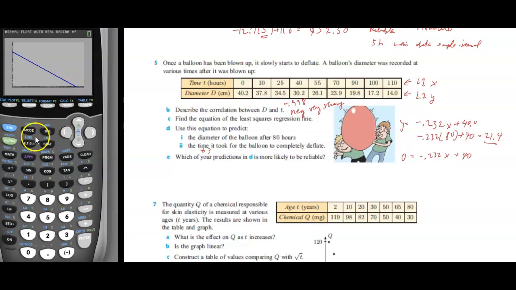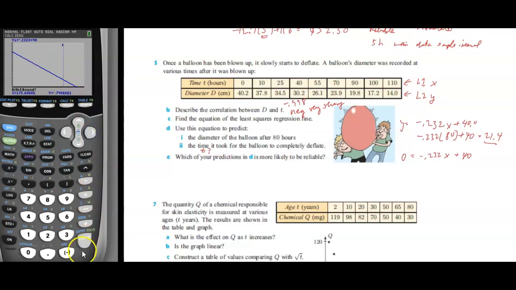Then we're going to find the x-intercept. It can be found by doing second calc, 0. Well, x-intercept is a little bit tricky because the keyword of 0 doesn't necessarily remind students of x-intercept. So for the left bound, we hit enter to the left of the x-intercept, then go slightly to the right of it.